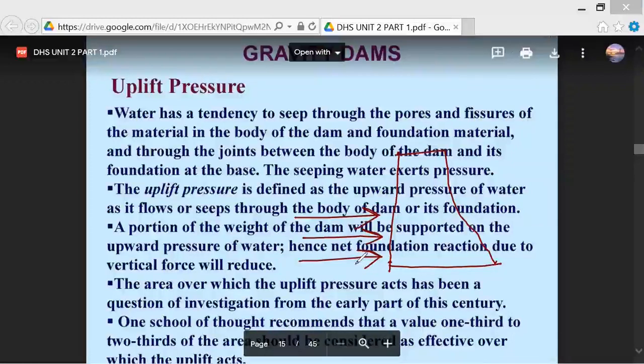So the water will go through these cracks, and if seepage is there from the downside also, this will cause the uplift pressure in the dam wall. So this is called the uplift pressure.